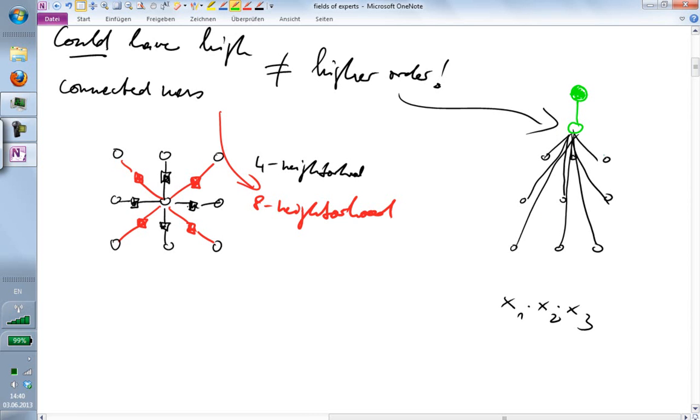And this is now no longer a factor graph. This is a normal graph. And this I could now turn again into a factor graph by introducing these pairwise factors.